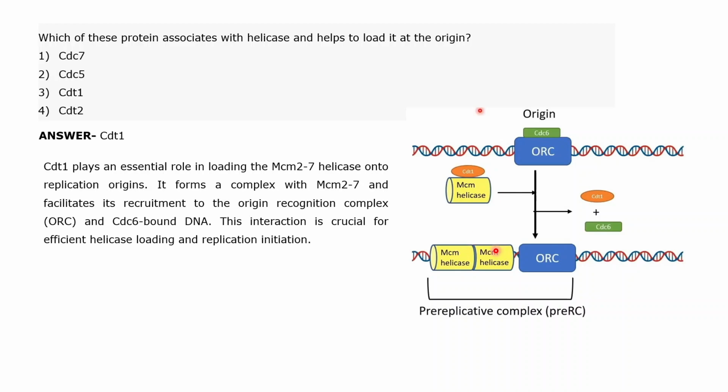That's why it's called MCM 2 to 7. These together with the origin of replication complex are called the pre-replicative complex. So I hope I am clear. Does anyone have any doubt? CDT1 helps in loading MCM helicase into the origin of replication.